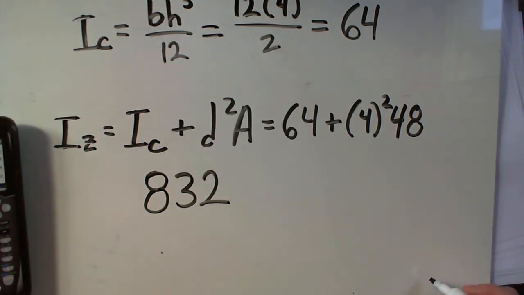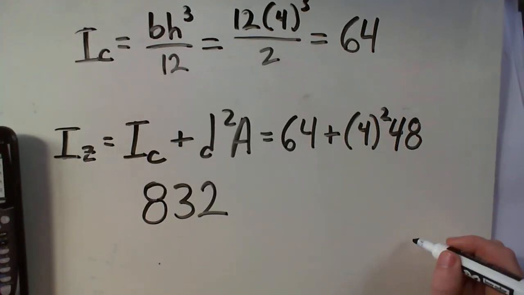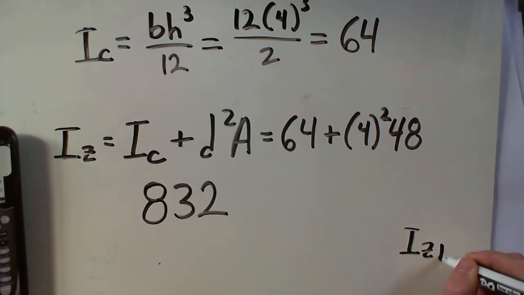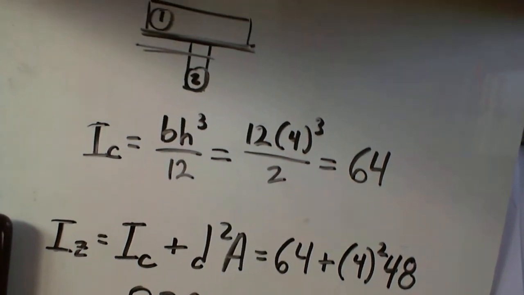So my I sub Z1 is 832. So I'm going to save that value off to the side. I sub Z1 is 832.